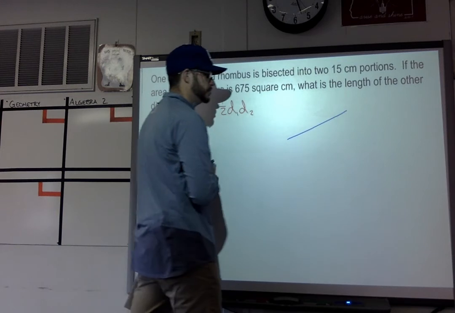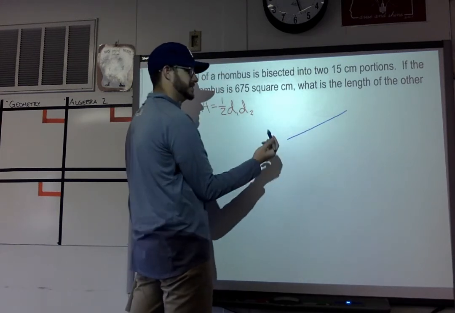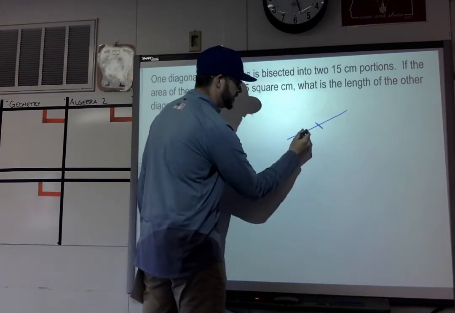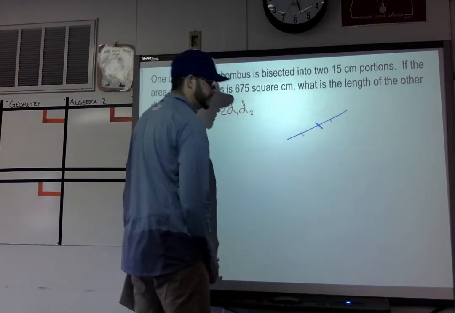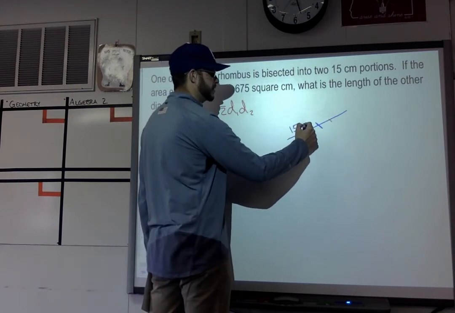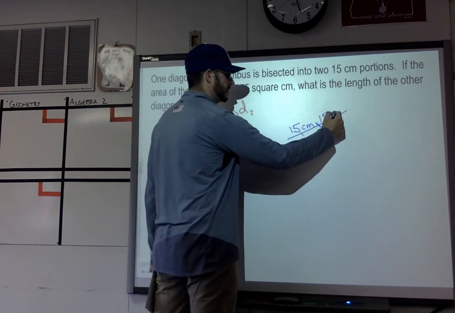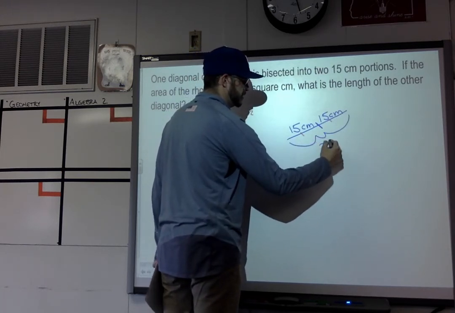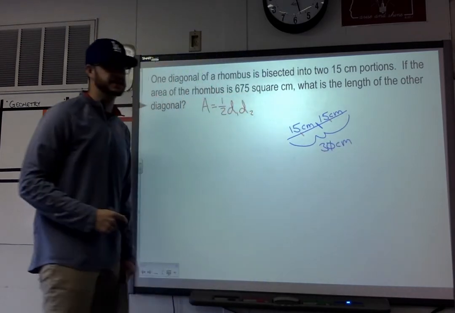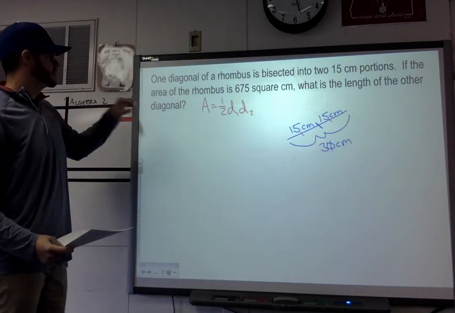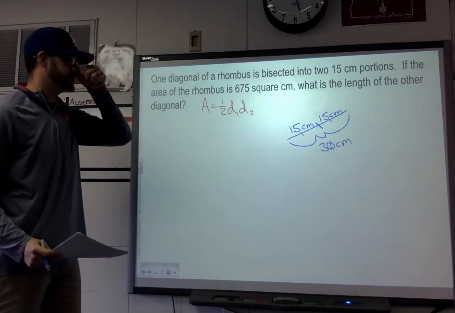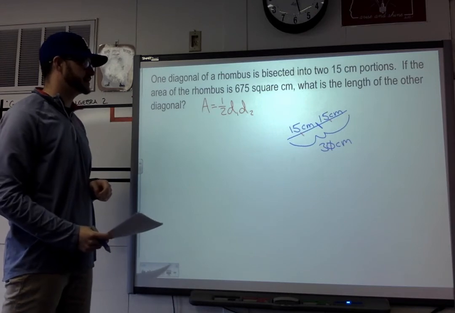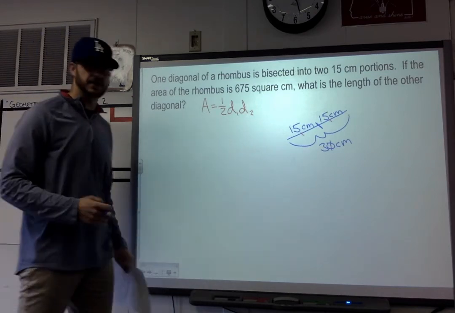Now remember, if you've got a segment and it's bisected, that means that it's cut in half, meaning that these two parts are equal to each other, and they're both 15 centimeters. We know that the length of that entire diagonal then is going to be 30 centimeters. So we have that one diagonal is 30 centimeters. The area of the rhombus is 675 square centimeters. What is the length of the other diagonal?